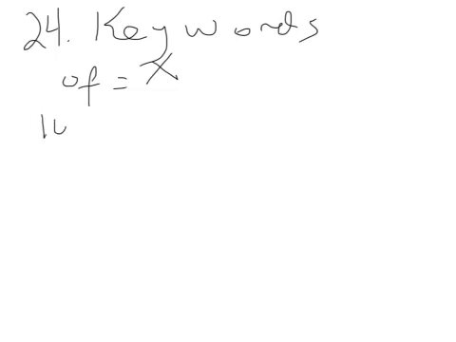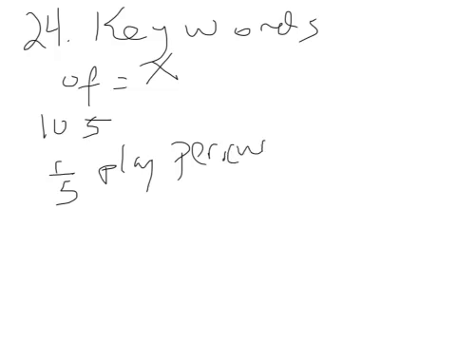Out of 105 people, and of that amount, 1/5 of them play the percussion, which you guys probably can't spell. It's like percussion. Can't spell that. I swear. So obviously I'm going to just take 105 times 1/5.